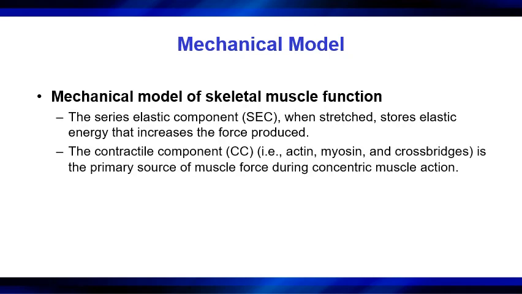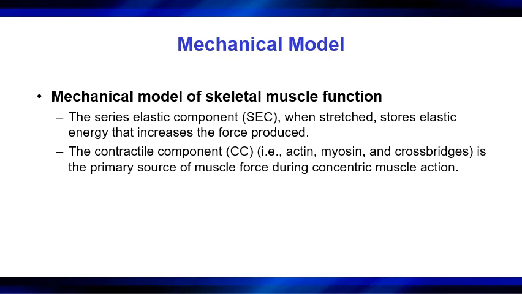Obviously, you also have the contractile component. If you remember from 240 and your exercise physiology class, the sliding filament theory, this is all those sarcomeres present in the muscles. Remember, the sarcomere is the smallest contractile component of the muscle, with your actin and myosin sliding over each other. This is the primary source of muscle force during the concentric muscle action.